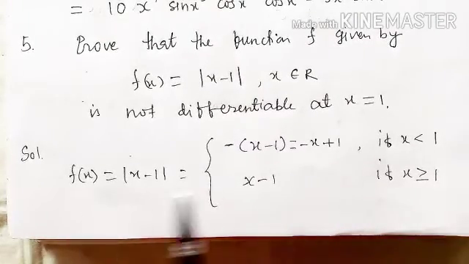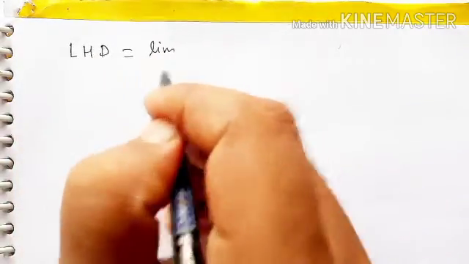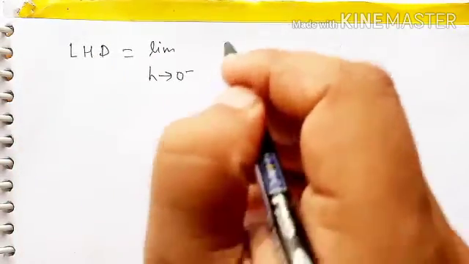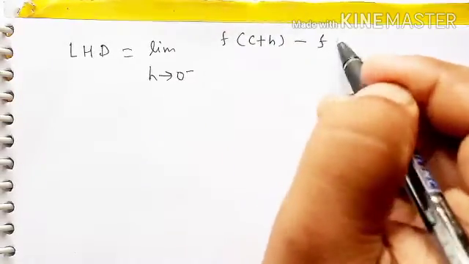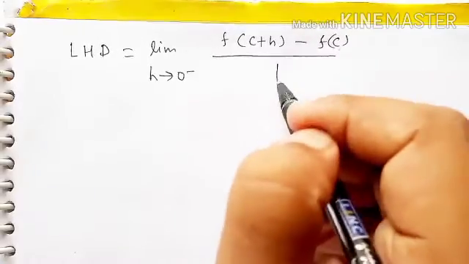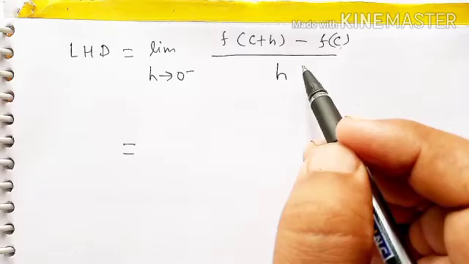Now we take LHD and RHD. LHD is equal to limit h tends to 0 minus of f(c + h) − f(c) by h. c + h minus c is h. So here written h.